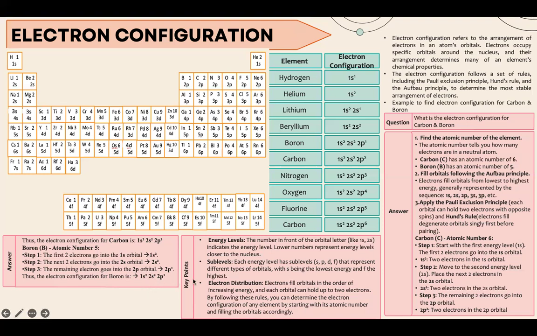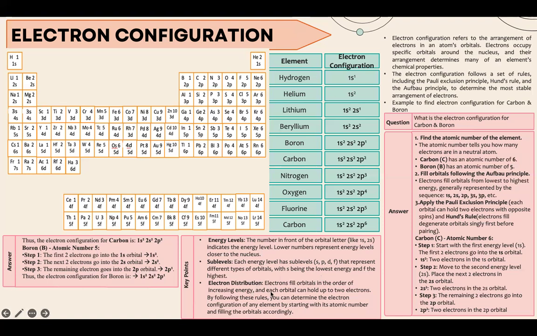So the key point here is that the energy level is referred to by the number in front of the orbital letter, like 1s, 2s, which indicates the energy level. A lower number represents an energy level closer to the nucleus. Sublevels: each energy level has sublevels, which are S, P, D, F, that represent different types of orbitals, with S being the lowest energy and F the highest.